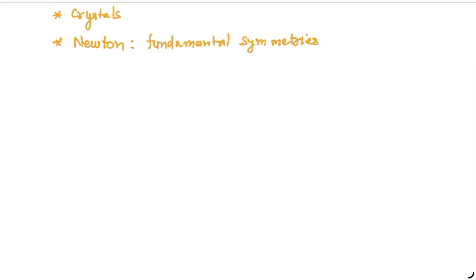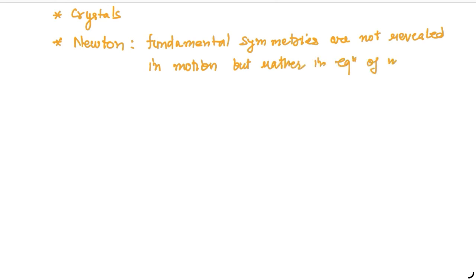In physics, you might have heard of symmetry in crystals, but that's not what we're going to talk about in this case. One thing Newton figured out is that the fundamental symmetries are not revealed in the motion, but rather in the equations of motion.